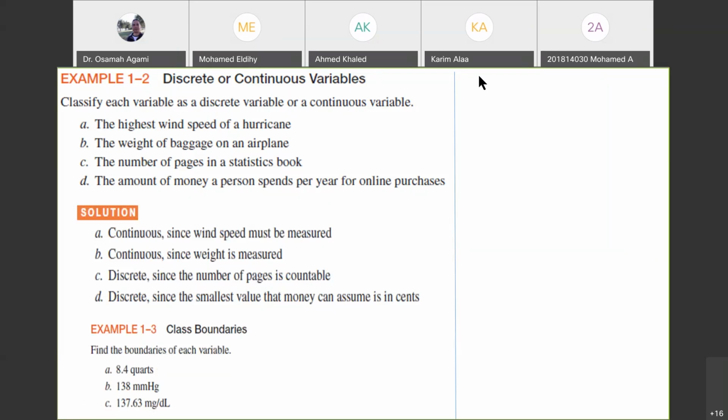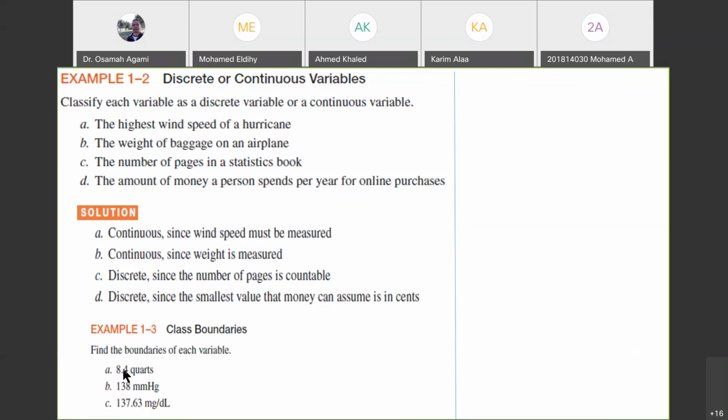Okay, I'll explain it again, Omar. The boundary means you take a step back and step forward. So I have this one in the middle, right? It depends. If you have an integer here, you know the half, so it will be 137.5 and 138.5. It's easy, right?